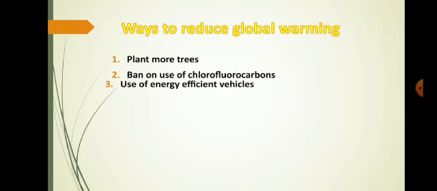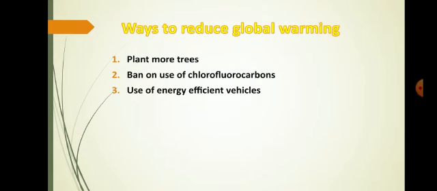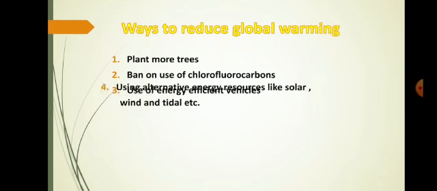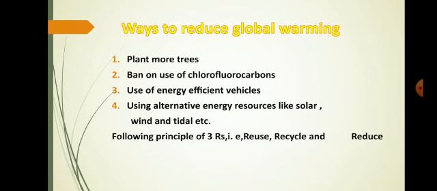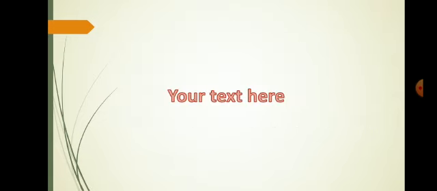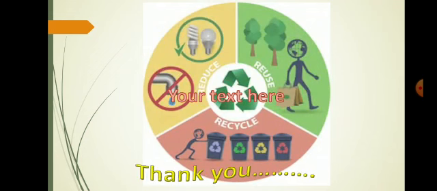Next, use of energy efficient vehicles. Next point, using alternative energy resources like solar, wind and tidal, etc. Next, follow the principle of 3 R's. What are the 3 R's? Reuse, recycle and reduce.